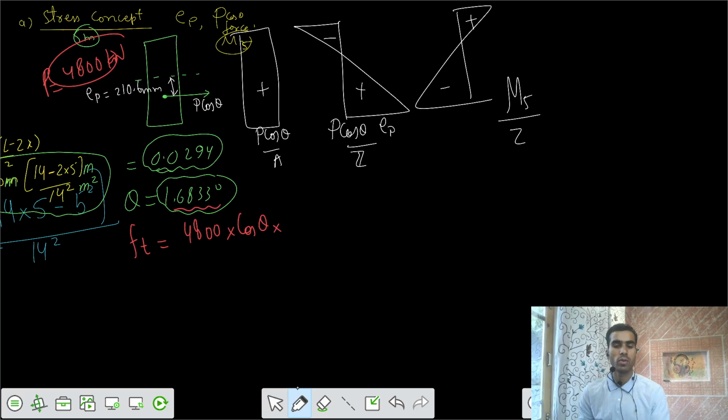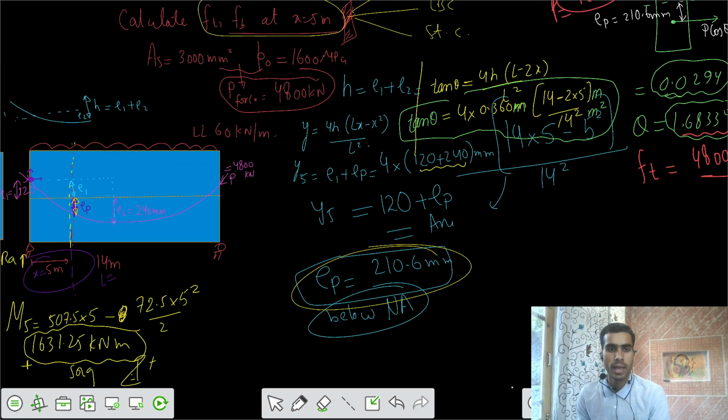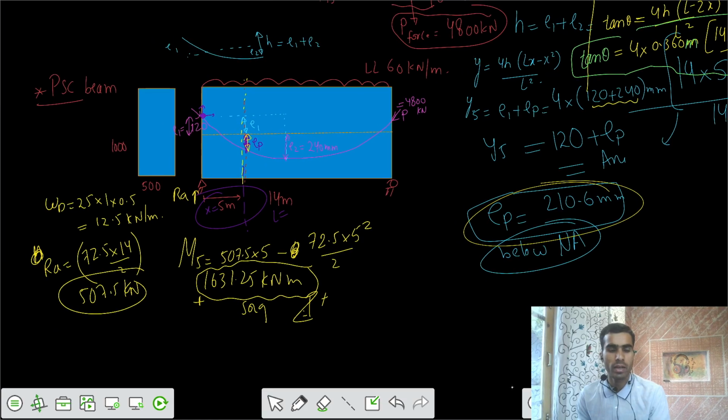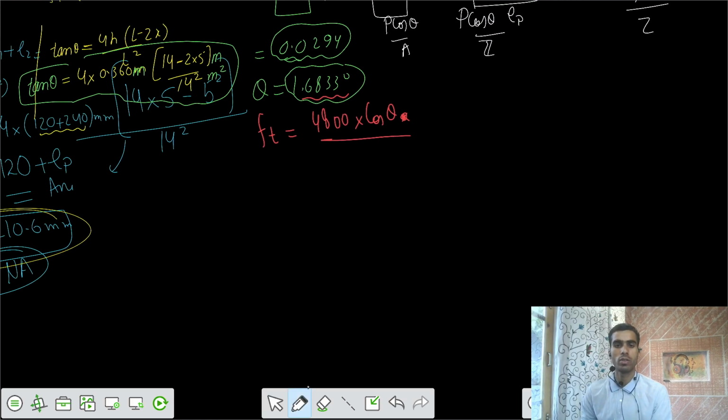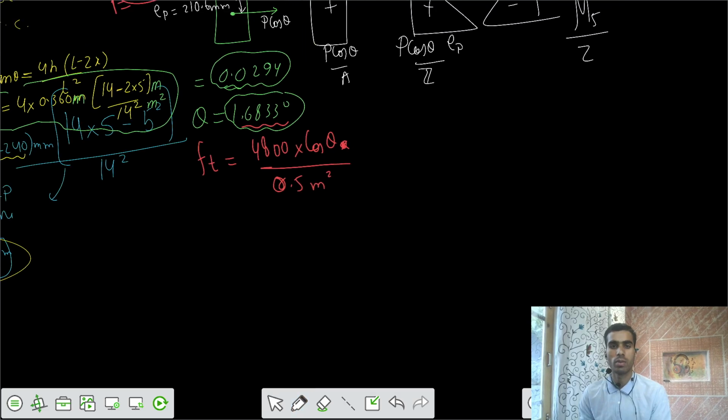You have to substitute theta as 1.6833 to get cos theta, and this is divided by the area of the cross section. Area of the cross section we have 500 into 1000, so I can write 0.5 into 1, that's 0.5 meters square. This is the area of the cross section of the concrete.